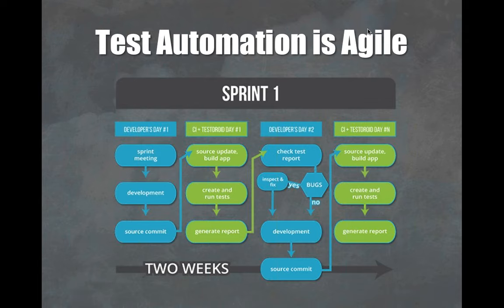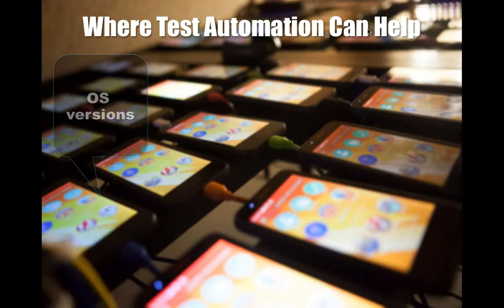You build a new feature, you do a new daily or nightly build, and you can instantly run it via API or manually or however you want, with test automation at Testroid Cloud. It will automatically run that application, go through the issues and topics you have there, and you will have a fresh report for your engineers the next day, showing what actually didn't work, and they can fix it right away.